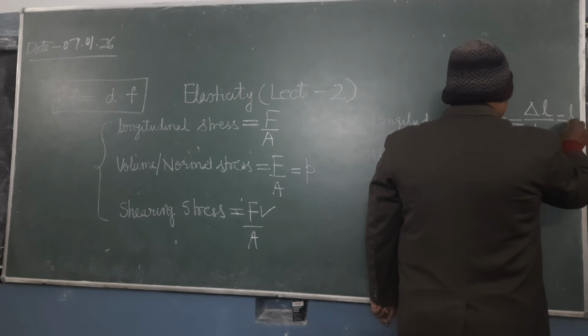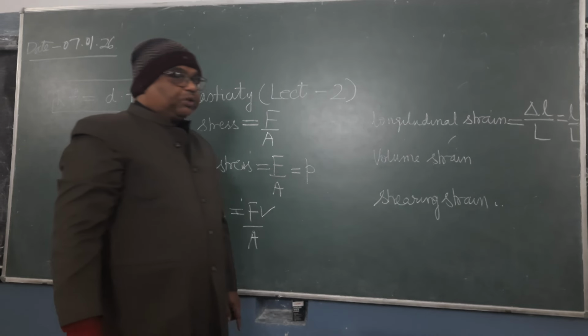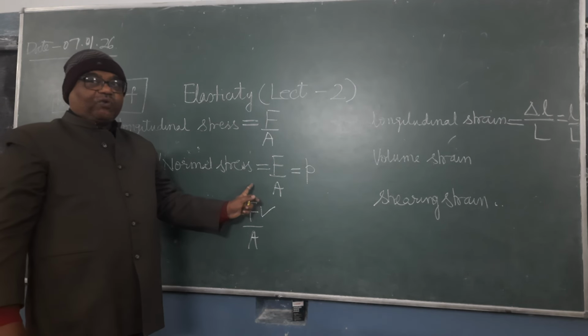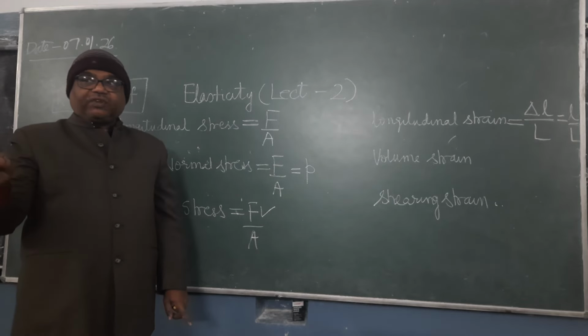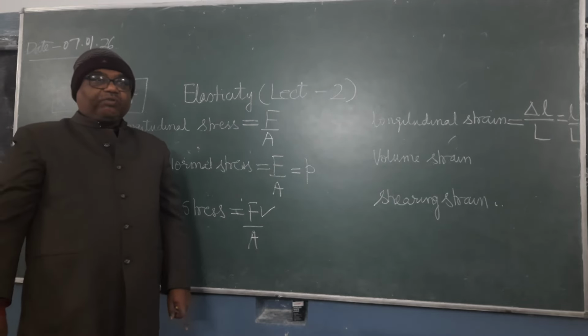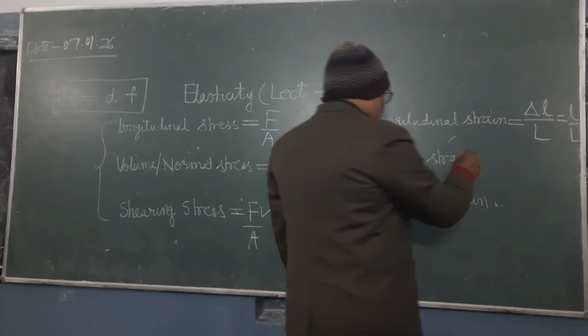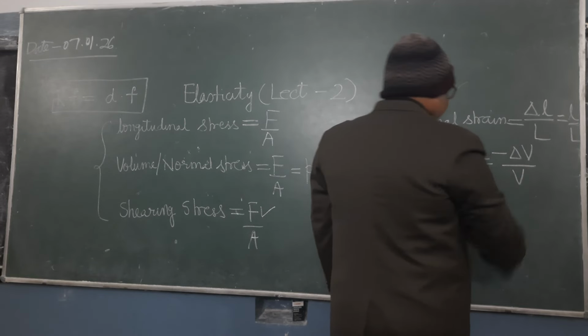Sometimes we write small l upon capital L. Volume strain. Since here volume is decreasing on applying the force, therefore change in volume will be minus delta V. We will not write delta V, we will write minus delta V because there is a decrease in volume. So it will be minus delta V upon original volume.